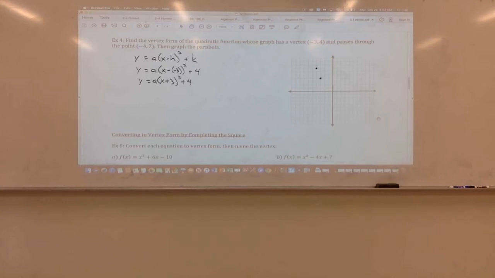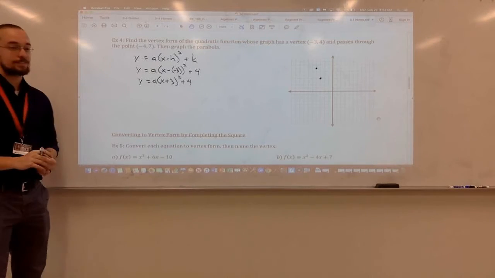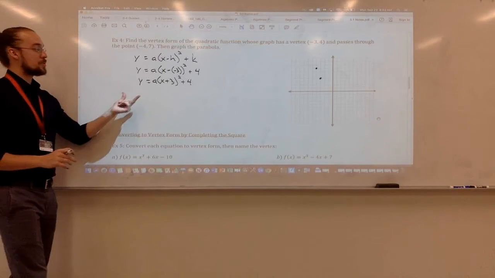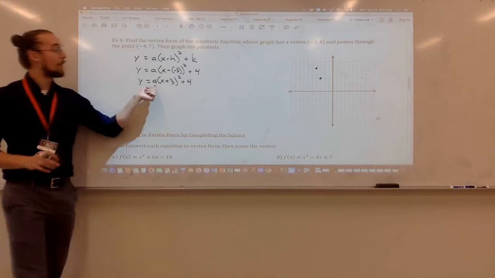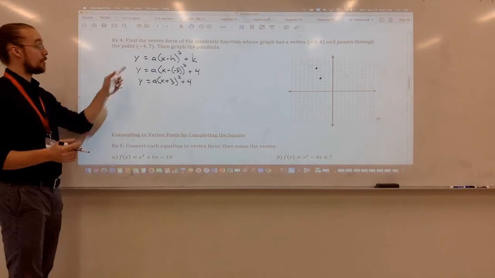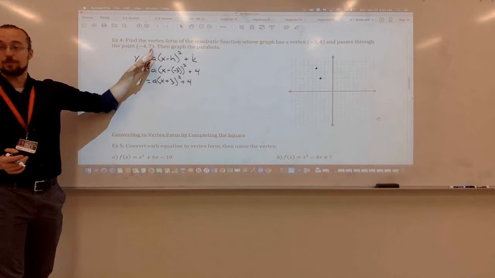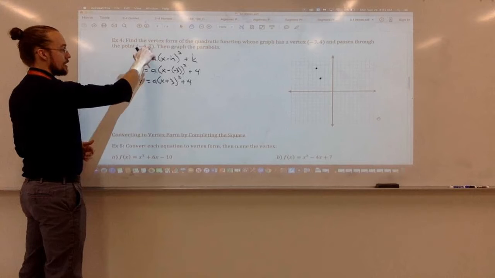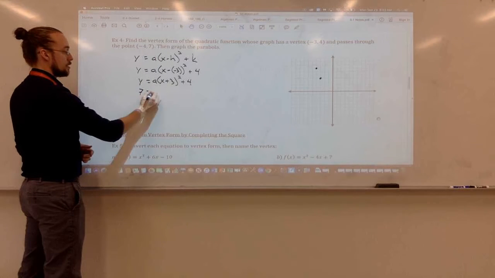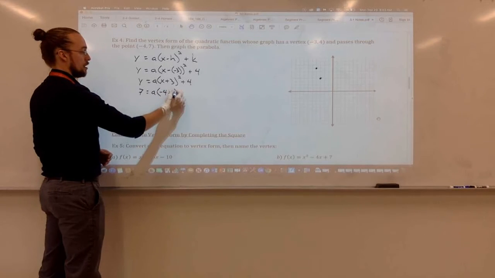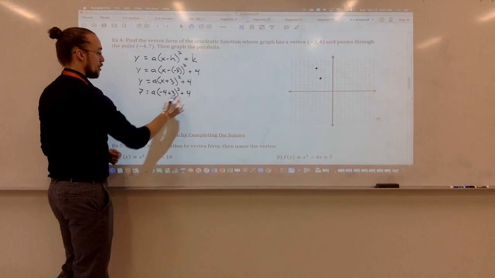Does that give you a hint? If I want to solve for a, and I have another coordinate point, I'm going to plug this in for x, plug this in for y, and solve for a. So my y will be 7, my x will be -4.